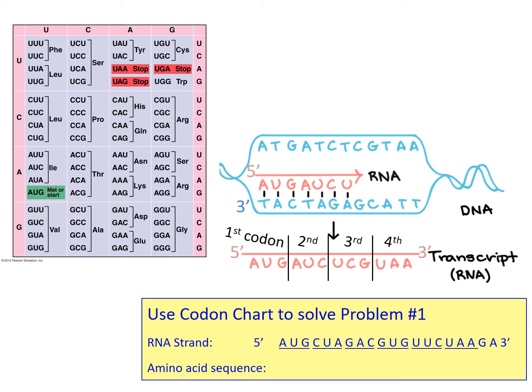So if you're doing this at home and following along, remember there's a triplet code. So I like to underline them. You might circle the separate codons. So AUG is my first, CUA is my second, GAC is my third, and so on. And each of these is going to encode for an amino acid.